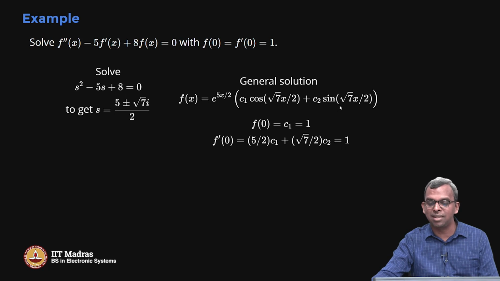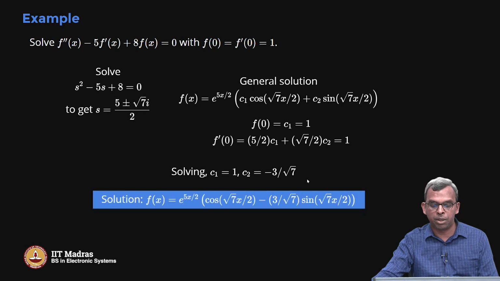But make sure you check all these derivatives, and you got f prime of 0 to be 1. So you go ahead and solve, you will get C1 is 1, C2 is minus 3 by root 7. You plug it back in, you get the solution is e power 5x by 2 times cos root 7x by 2 minus 3 by root 7 sin root 7x by 2.